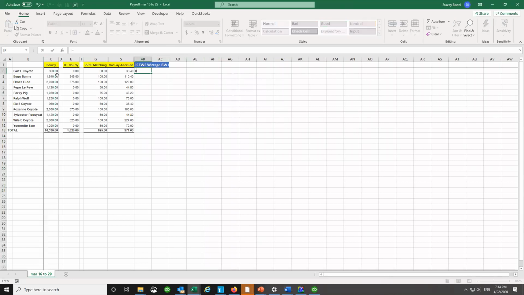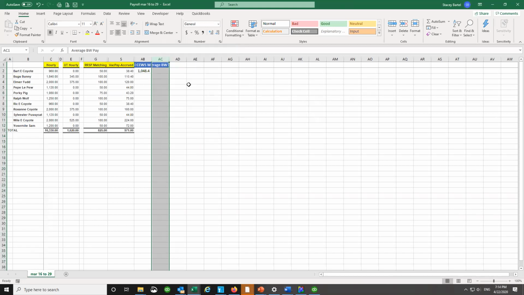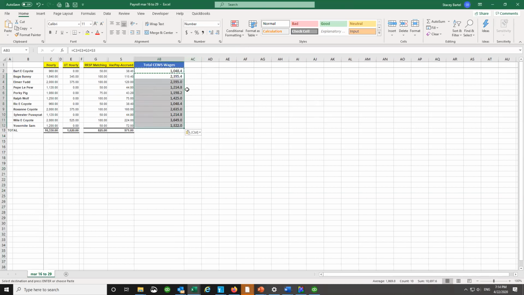And we know we need to go equals this plus this plus this plus this. Now we also don't need the average because this is for a period, so we can delete that altogether. So this is our CEWS wages. I'm going to copy it, paste it down. Again, hit save, make sure we're safe there.